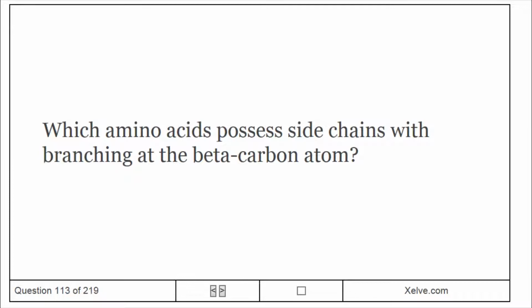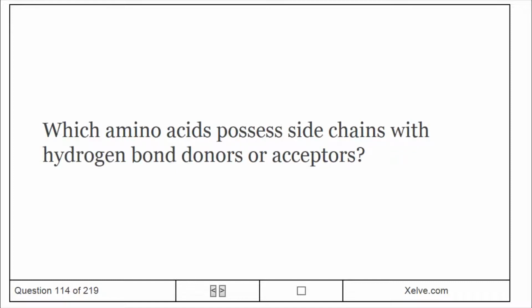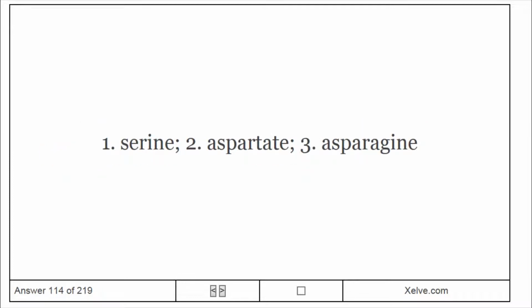Which amino acids possess side chains with branching at the beta-carbon atom? One, valine. Two, threonine. Three, isoleucine. Which amino acids possess side chains with hydrogen bond donors or acceptors?